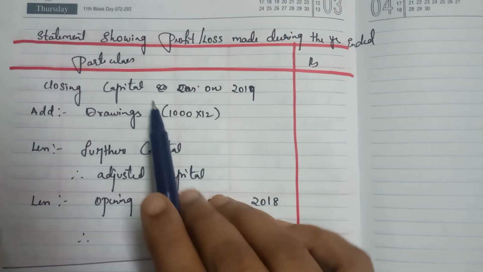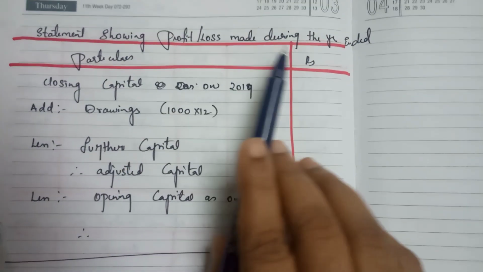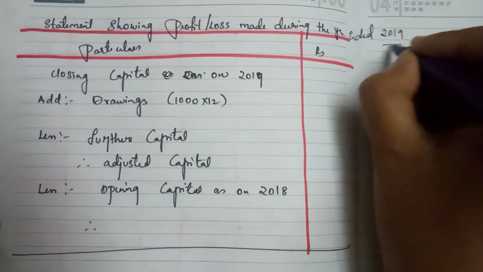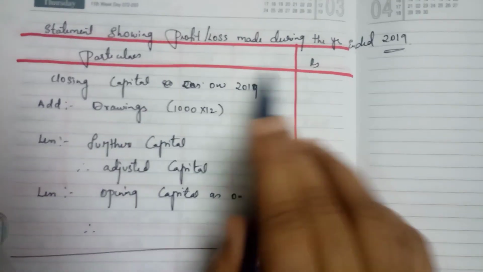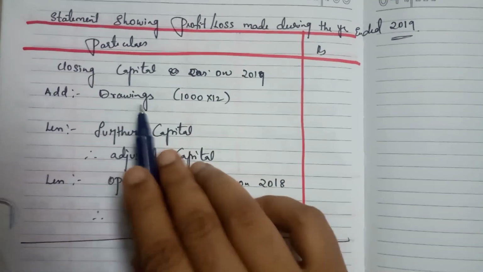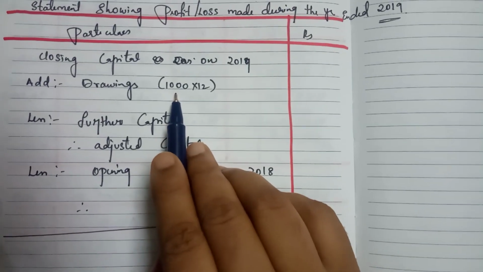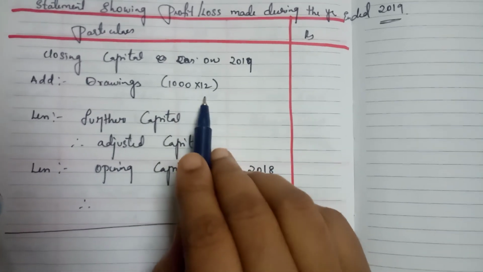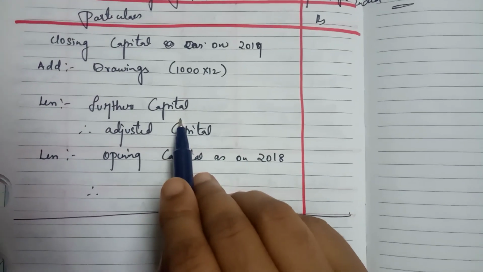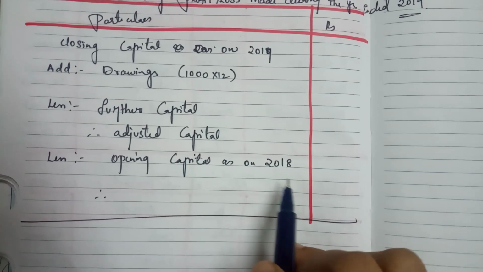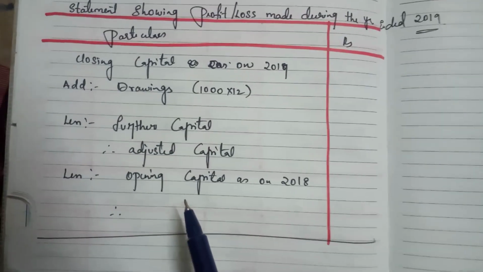Okay, now we will prepare the statement showing profit or loss made during the year ended 2019, because the end date is 2019. Particulars, rupees. Closing capital as on 2019. Add drawings. Already I said they gave 1,000 per month. We have to convert into 12 months, that is one year. So 1,000 into 12. Less further capital, therefore adjusted capital, less opening capital as on 2018. Therefore we'll see whether profit or loss. Okay.